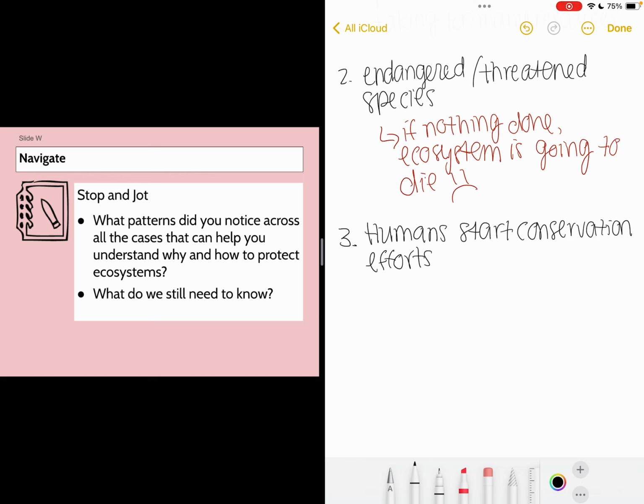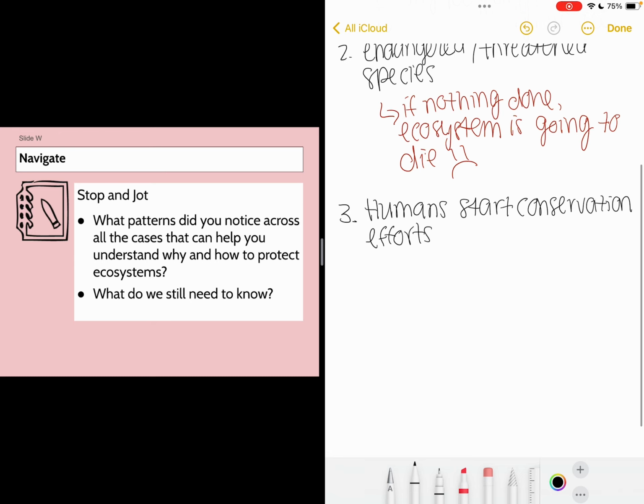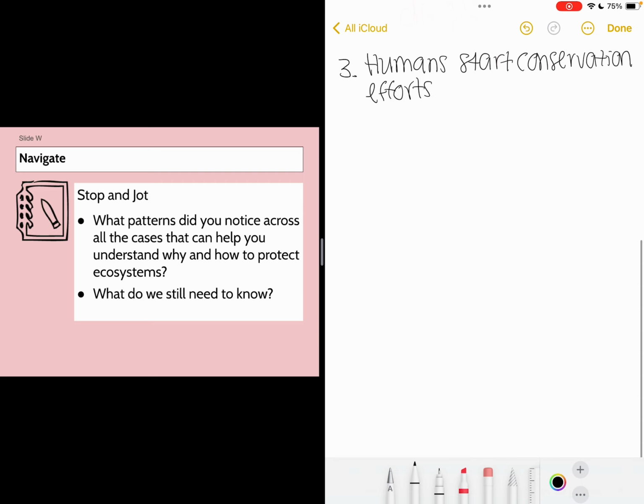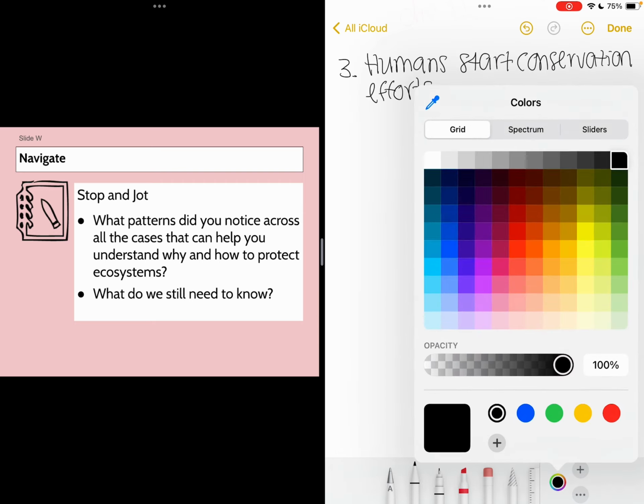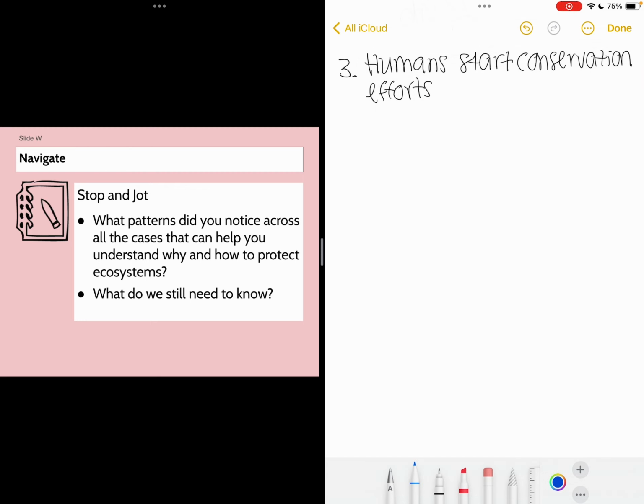Okay, so with this Stop and Jot, we answered the first question, what patterns did we notice? Check. Second question, what do we still need to know? Now with this what do we still need to know question, a good way to think of it is, you are writing a 5-page paper. Sounds scary, I know. Just listen to where I'm going.